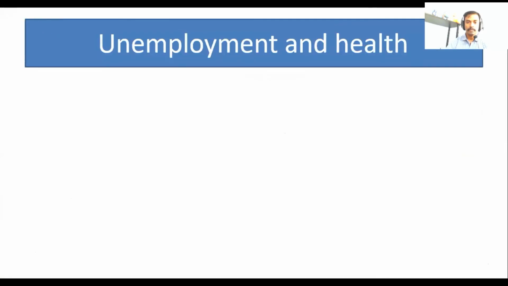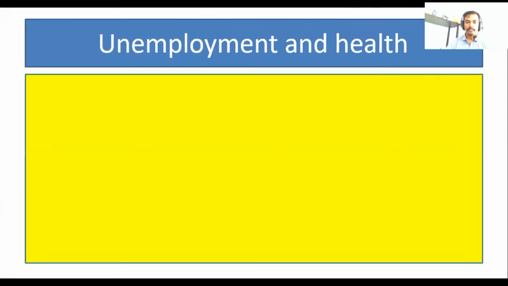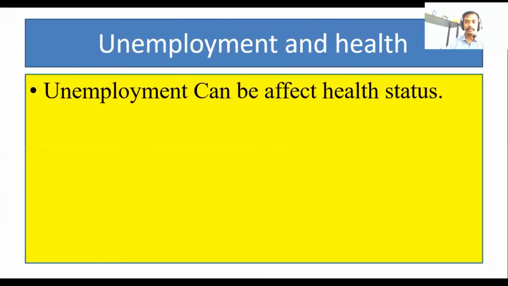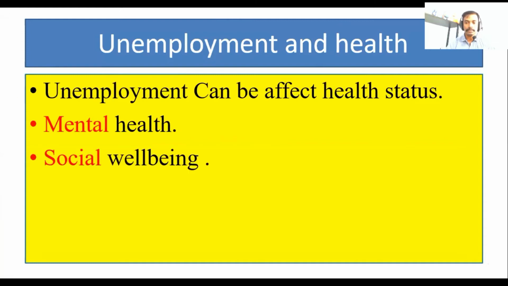Then unemployment and health. Students, does unemployment affect health? Yes, as we learned, it first affects mental health: stress, depression. Then social well-being: lack of job. If a person has no job, it is difficult to live spontaneously, and with stress they may experience social disabilities.